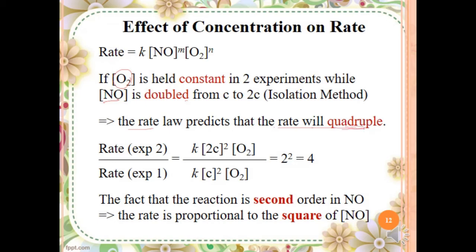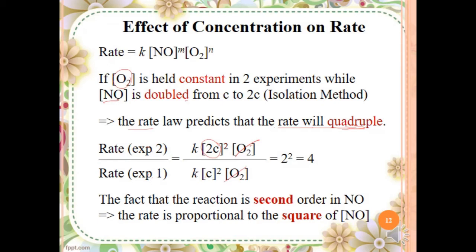So we write the rate for each set of experiments. For oxygen constant, for nitric oxide doubled, you have 2C here and C. Don't forget the square. So we can cross this out.